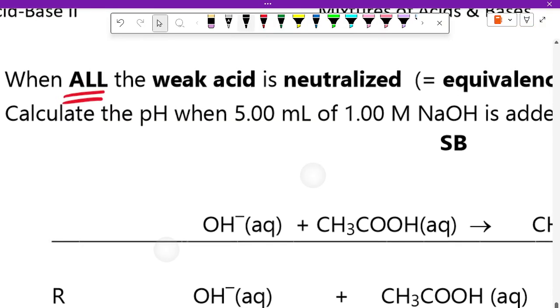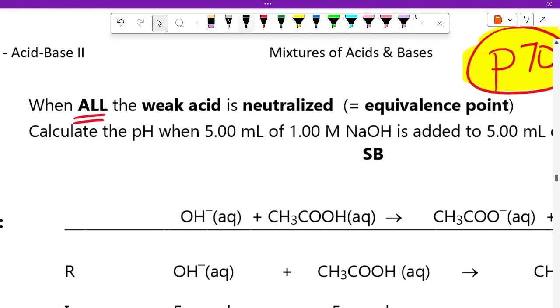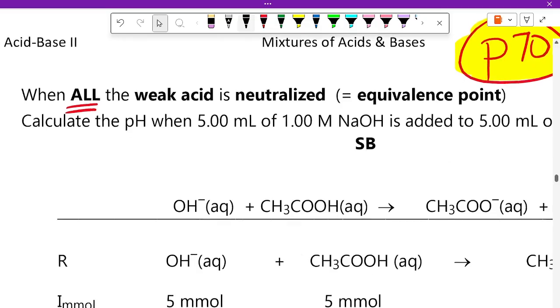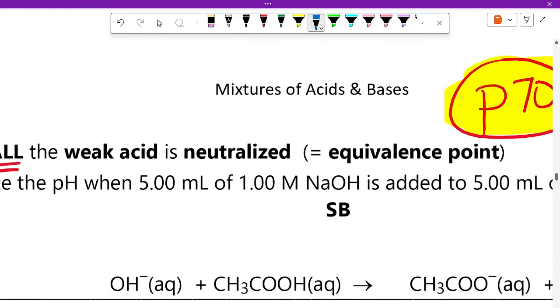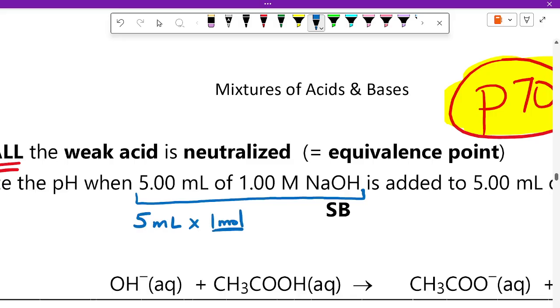7. Let's find out. Which probably means it's not 7, because I sounded way too excited for it to be 7. So let's see. We have 5 milliliters of 1 molar NaOH. That gives us 5 milliliters times 1 mole per liter, which is 5 millimoles of NaOH.